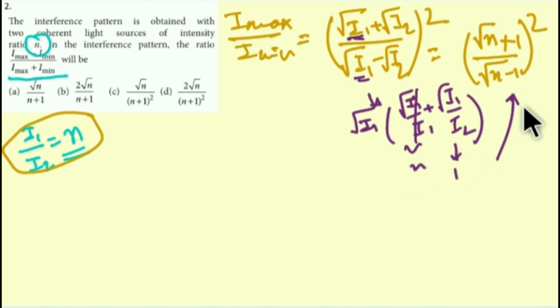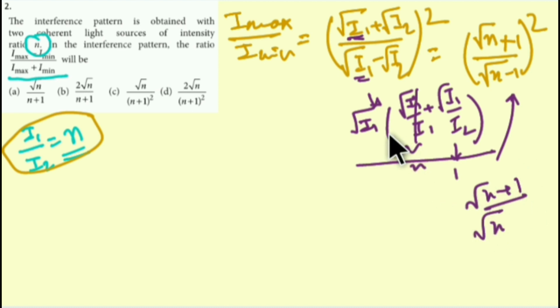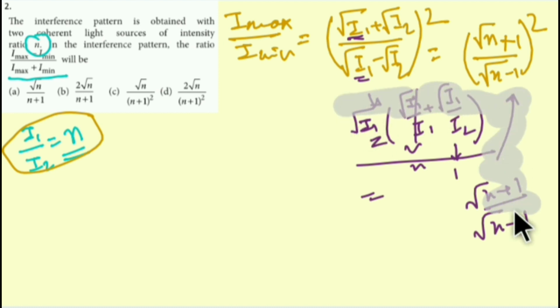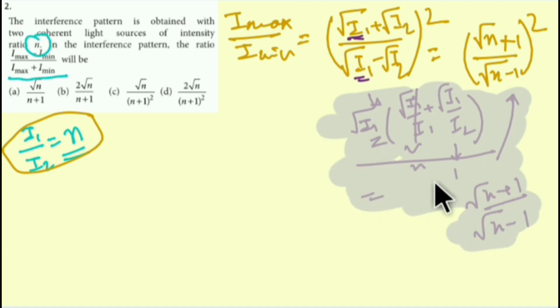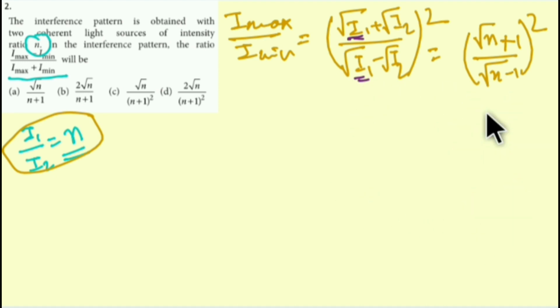So the numerator will be root n plus 1, and in the denominator similarly it will be root n minus 1. I am erasing this. You can pause the video and try on your own.